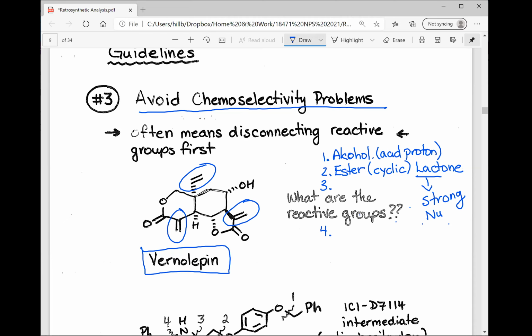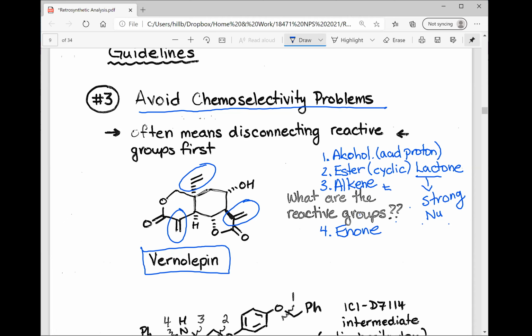We have an isolated alkene, and alkenes tend to react with electrophiles. And we've got alkenes beside this, conjugated to the ester. So both of these are conjugated to the ester. If it was conjugated to a ketone, we would basically call this an enone.